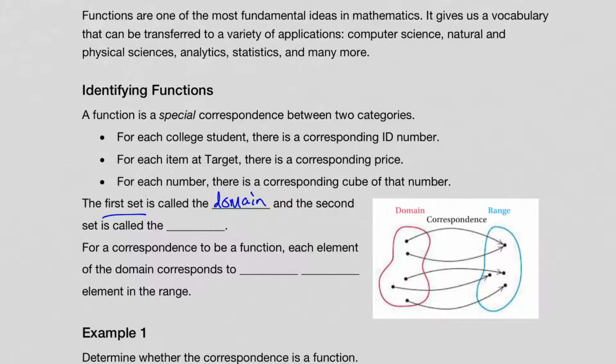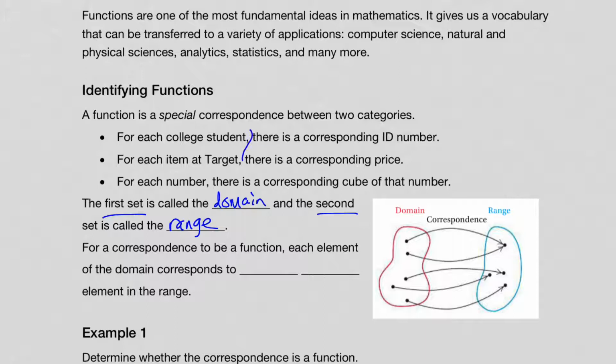Okay? And then the second set, which is after the comma, all right? The second set of ideas after the comma is going to be called the range. Okay, so the first set is called the domain, and the second set is called the range. All right.